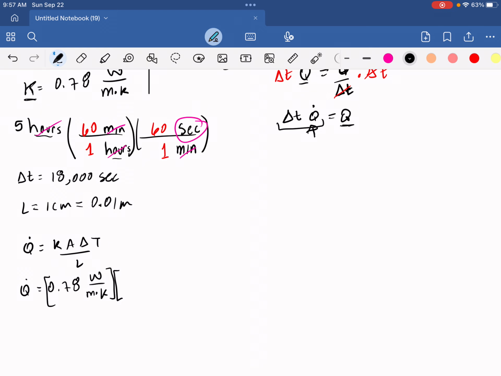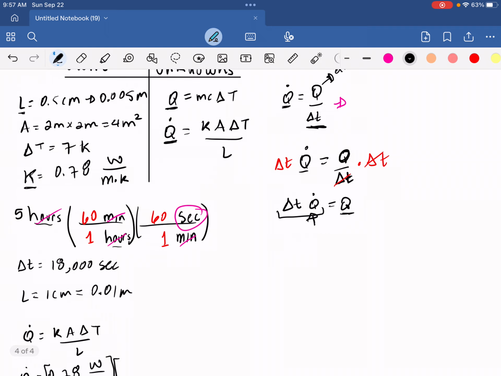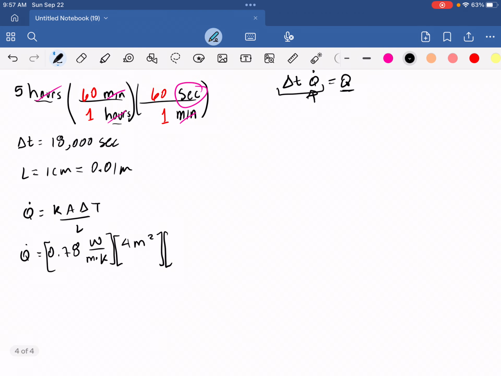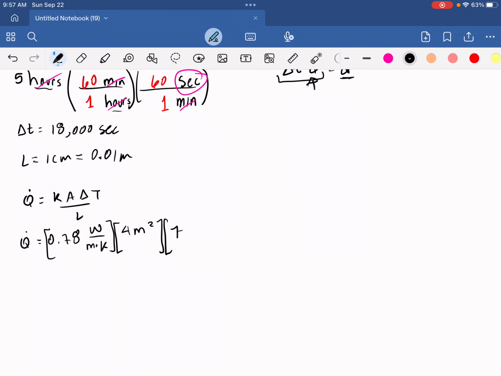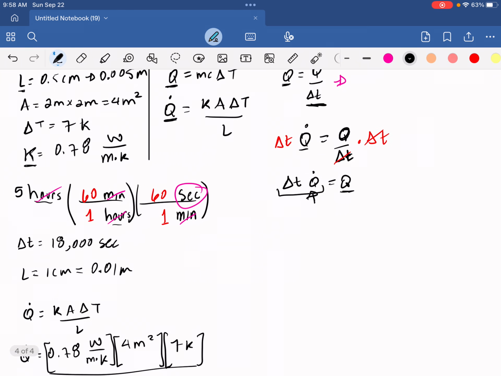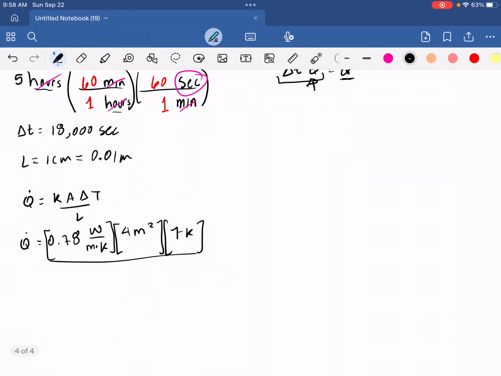Area, it was 4 meters squared. Now, change in temperature, we said that it was 7 kelvins. Thickness, for this first problem, is going to be 0.005 meters.